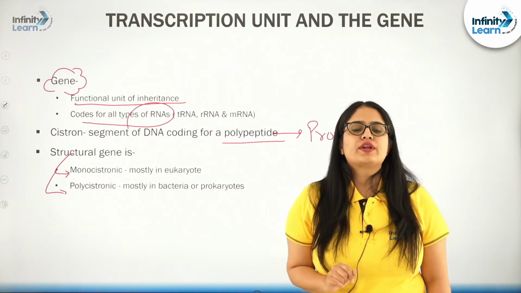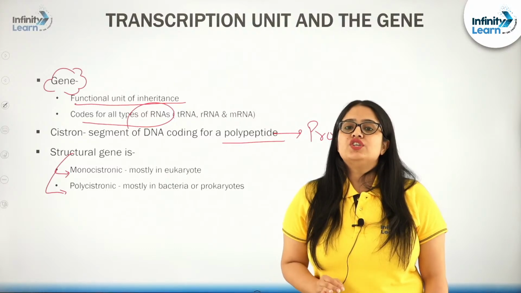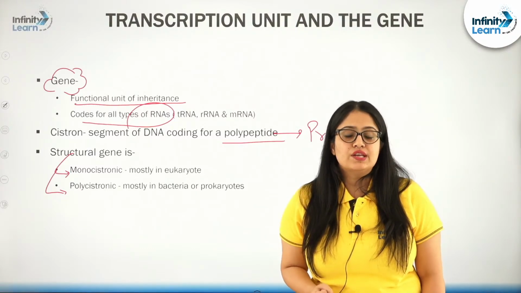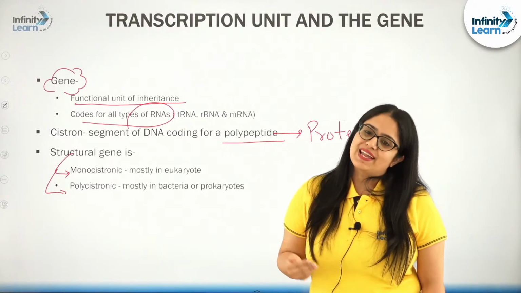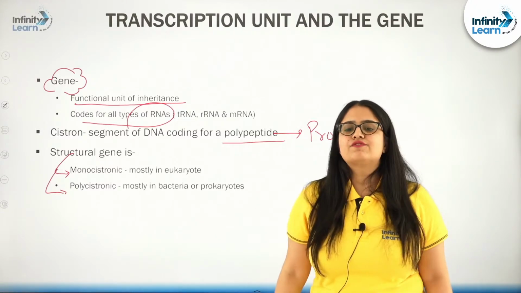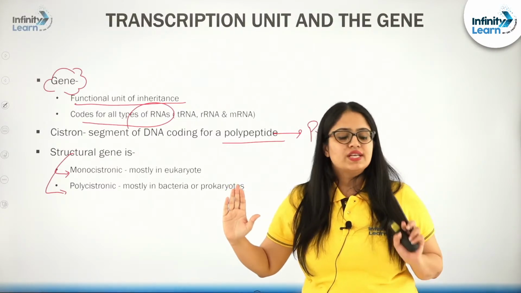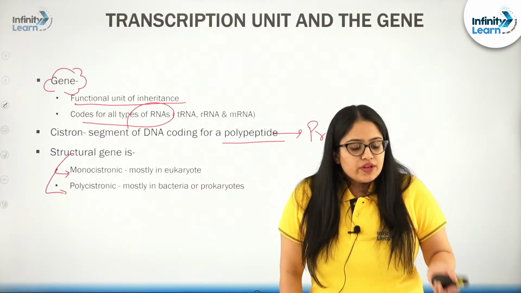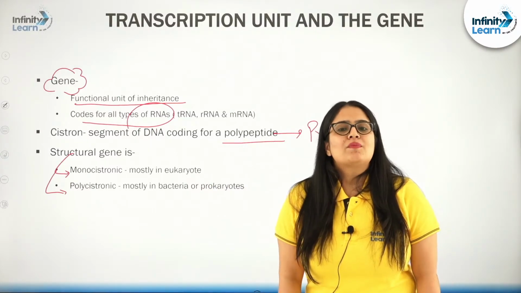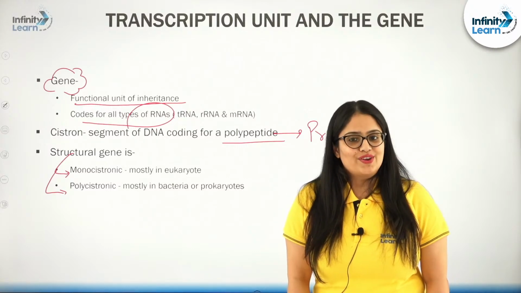What is a polycistronic gene? A polycistronic gene is a type of structural gene from which more than one type of protein can be synthesized. So, that is the difference between a monocistronic structural gene and a polycistronic structural gene. Polycistronic structural genes are most commonly seen in bacteria or prokaryotic cells.